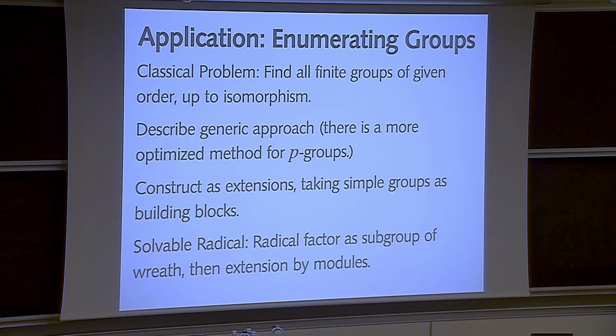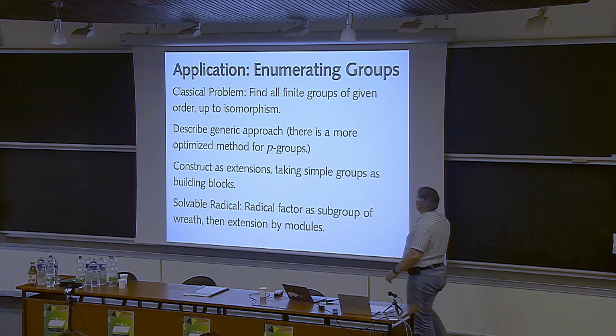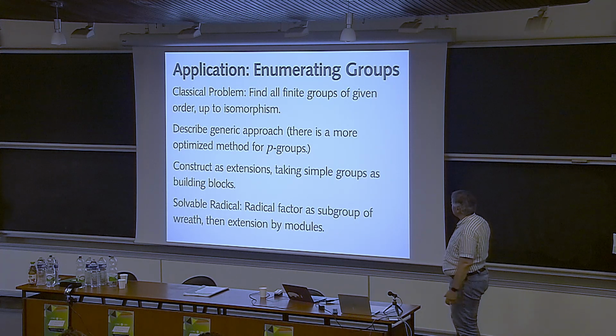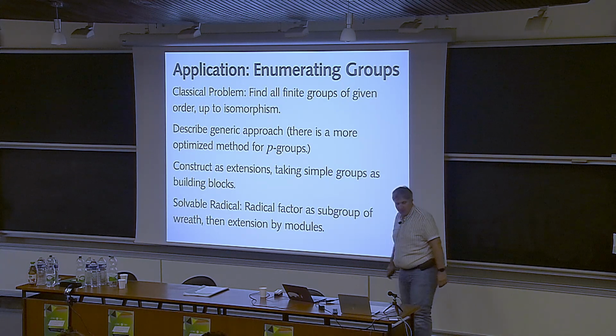That is a very classical problem. It was already phrased by Hölder, and is in part behind the motivation for the Jordan-Hölder theorem and so on. Given an order, find all finite groups of that order up to isomorphism.